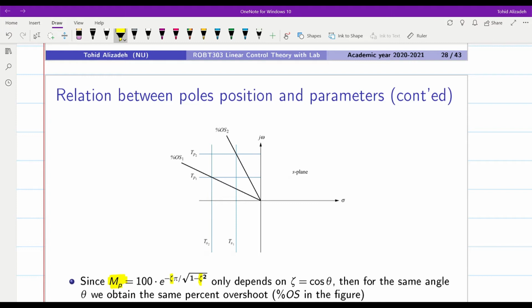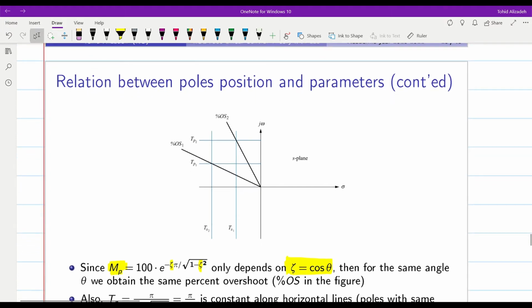And on the other hand, we know that zeta is equal to cosine of theta. So if we have two systems which have the same angle theta as each other, they will have the same value for zeta, and as a result, the overshoot that we get for those systems will be also the same.